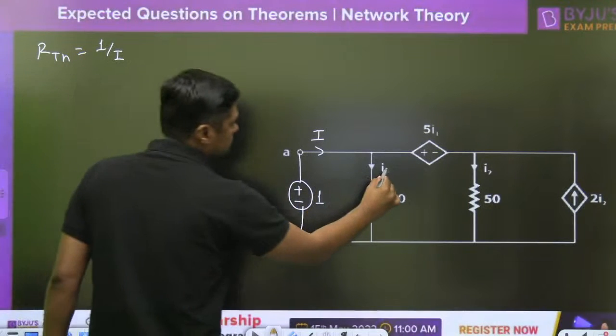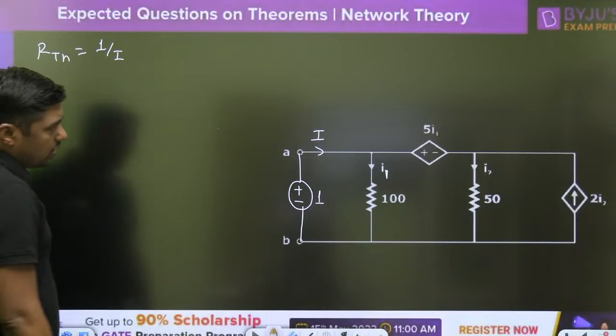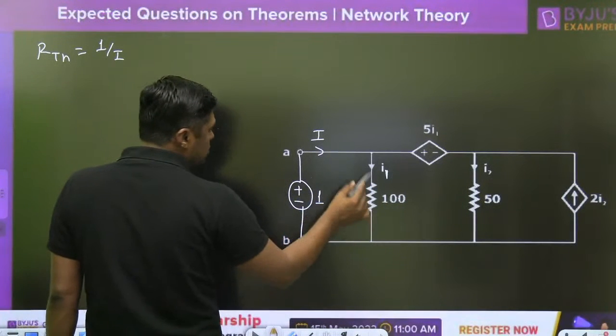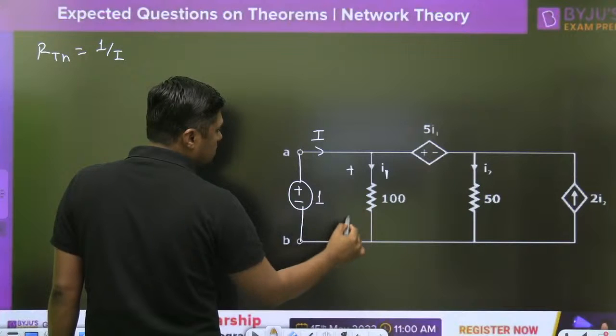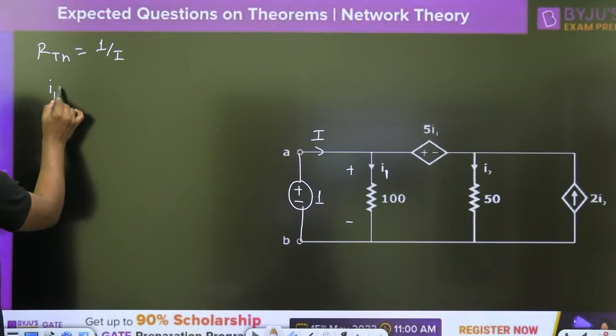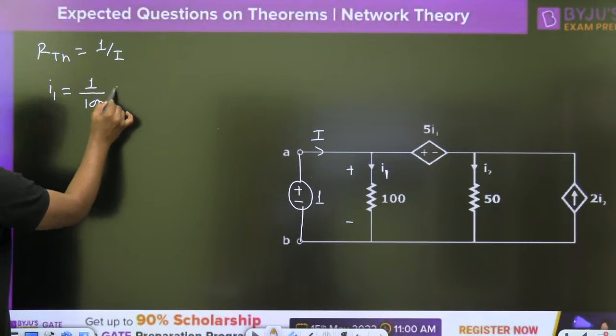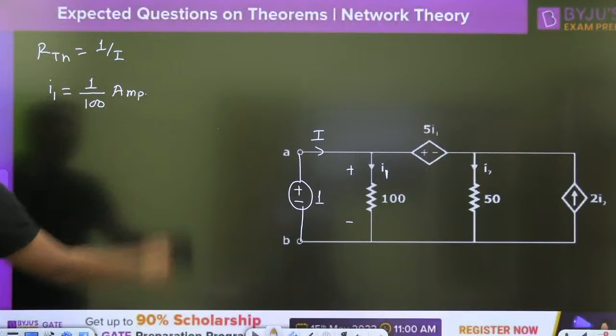This is I1. Okay. From the diagram, you can directly say that I1 is equal to 1 by 100, because the voltage across this one resistor is 1, so I1 is equal to 1 by 100 ampere. Okay, no problem.